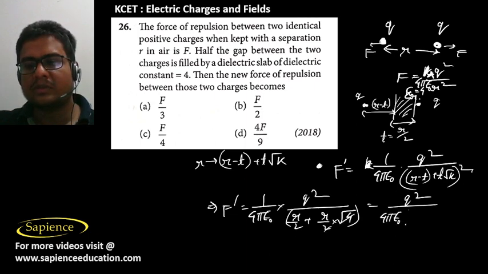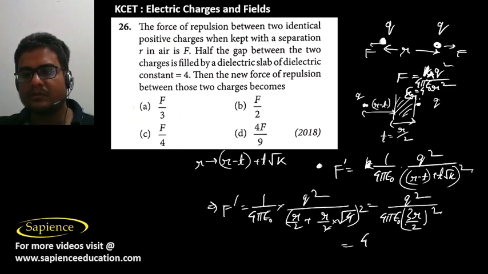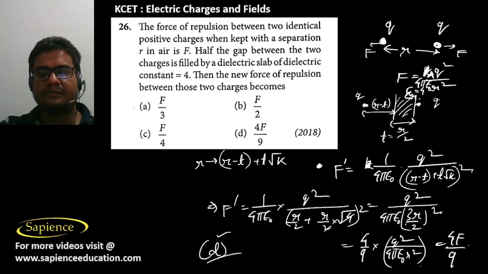So r plus r by 2, 3 r by 2 whole square, over r square. So this is 4 by 9 times q square by 4 pi epsilon naught, that is a. Option D is the correct answer.